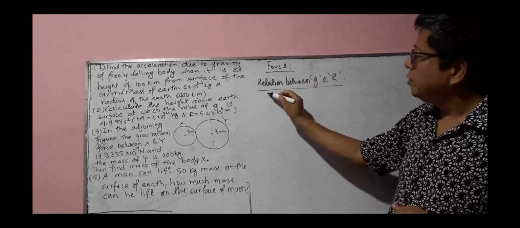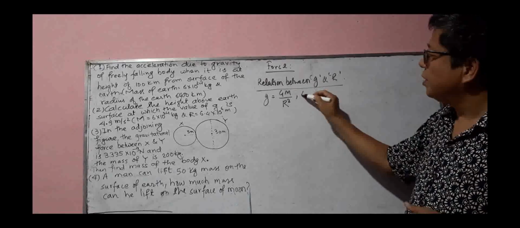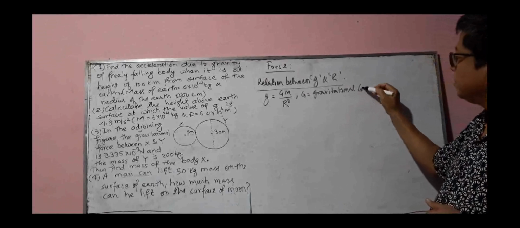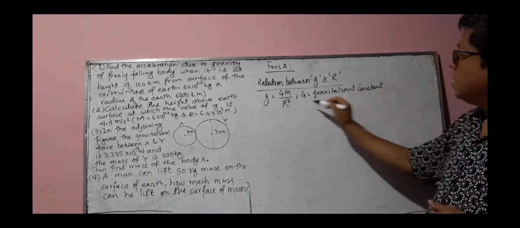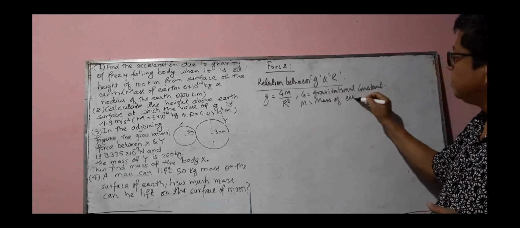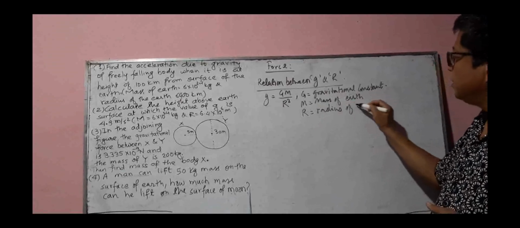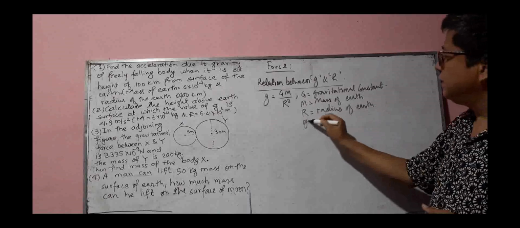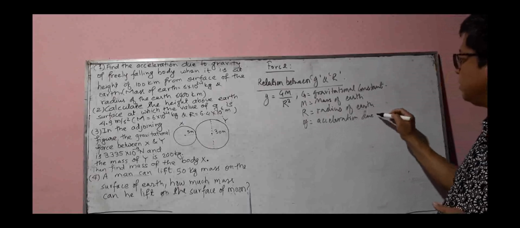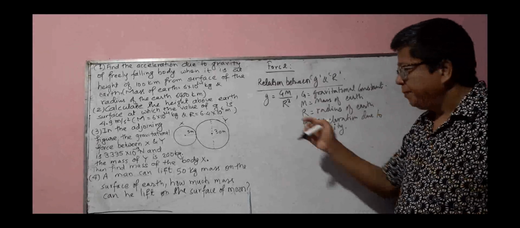So we know that g is equal to GM by r square, where G is gravitational constant and M is mass of Earth and r is radius of Earth and g is acceleration due to gravity.